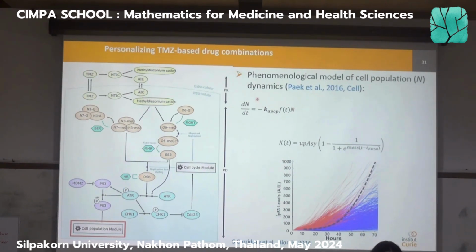N is the cell population, the number of cells. So they can only die at this rate, K of F of T, which I'm going to explain in a minute.